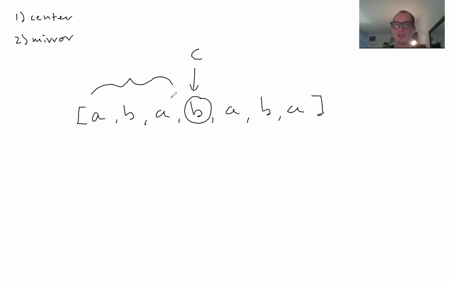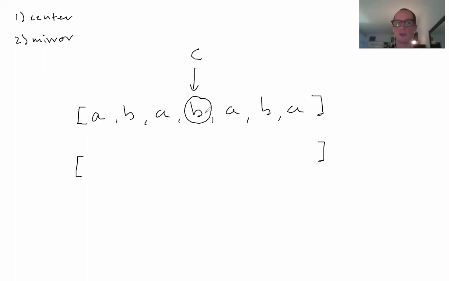We could think of it like this: as we've started calculating these palindromes, this left side over here is the side that we've already calculated, and this right side here is the side where we can use the information from the left side so that we don't have to solve the same problem twice.